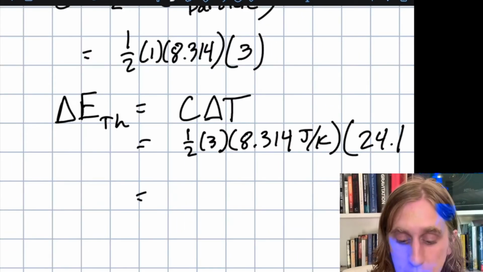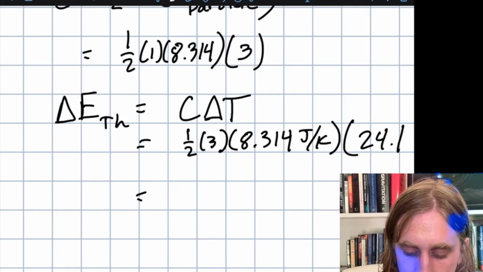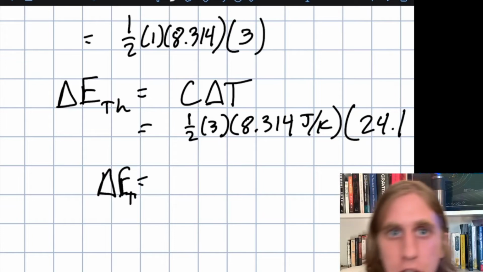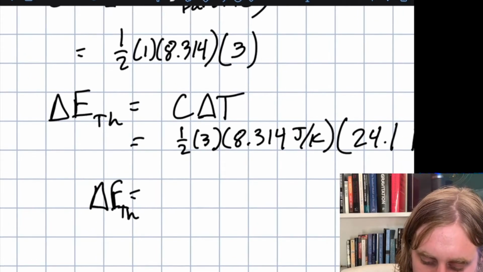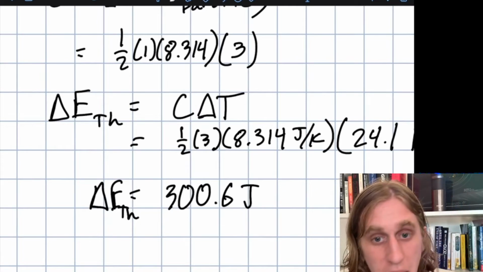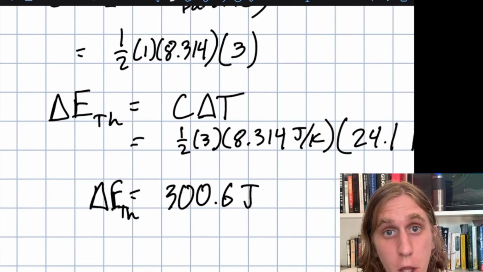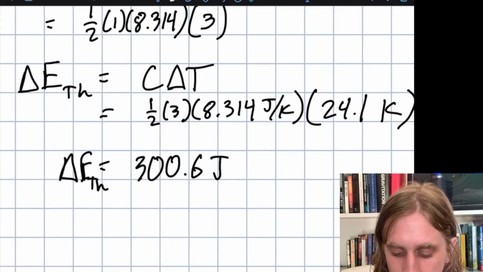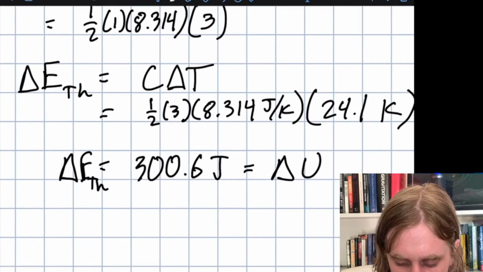When I plug all these numbers in, I get that the change in the thermal energy for the gas is just equal to 300.6 joules. And because this is a gas, thermal energy is the only kind of energy that it has. So this is also equal to delta U.